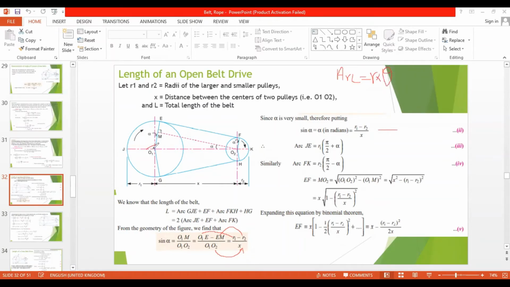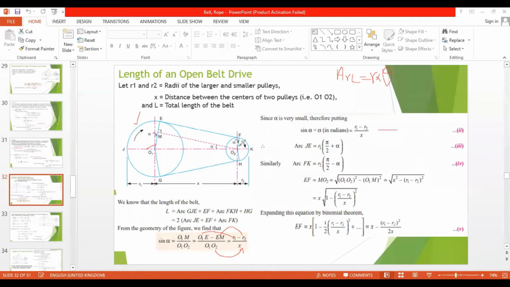Here the radius is R1, and the angle subtended is 90 plus alpha, that is pi by 2 plus alpha. So arc JE is equal to pi by 2 plus alpha into R1. Now we have found the length of JE, and we'll put it into the equation.